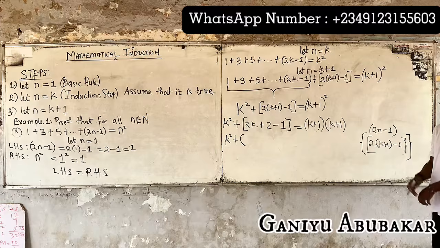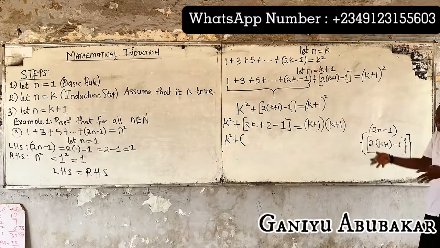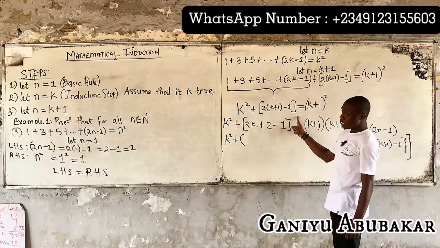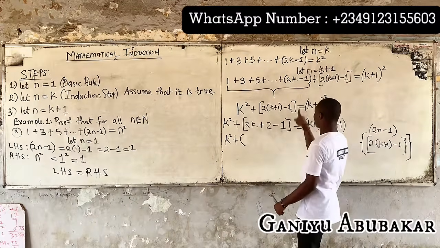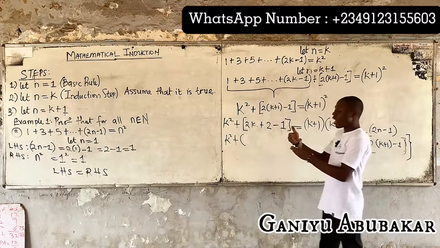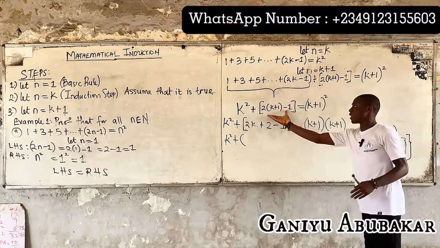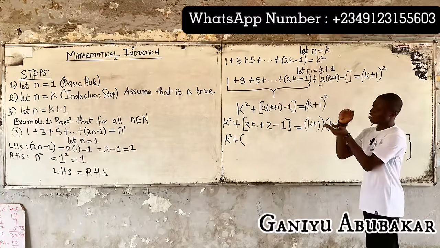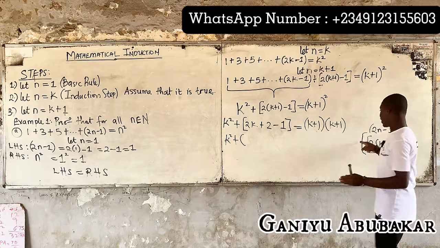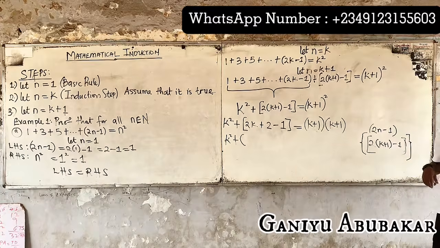So the more you see the bracket, the more you advance in your use of brackets. So mind the way you use your bracket. I can't come and say round bracket, round bracket. It's not allowed in mathematics that way. So use a square bracket and a round bracket. Round bracket is small, square bracket is next to round bracket, while curly bracket comes after. That's how it works.